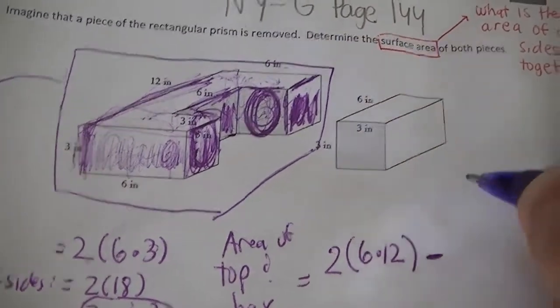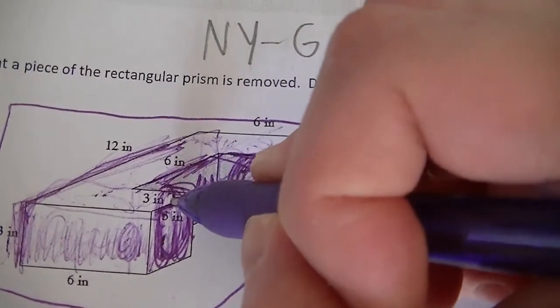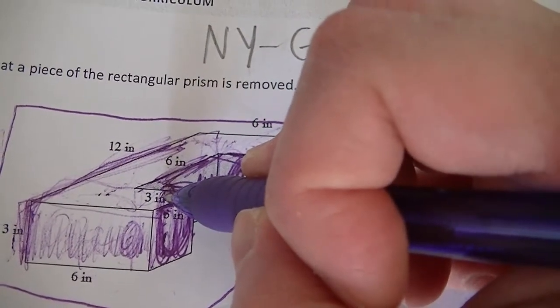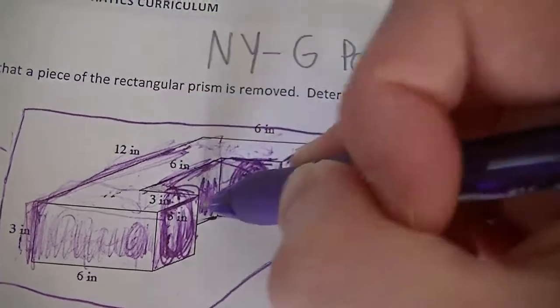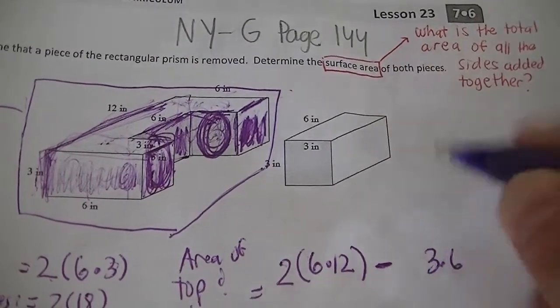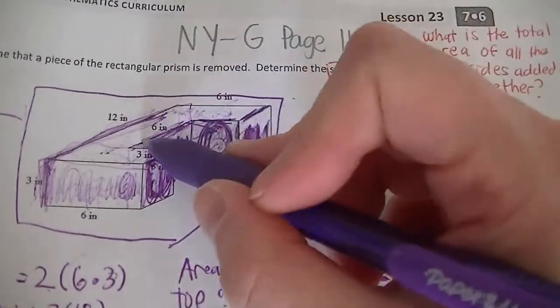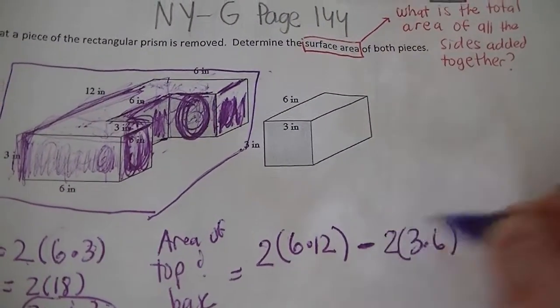And then I'm going to subtract this chunk right here, okay? And that chunk is, let's see, 3 by 6. So I'm going to subtract that 3 times the 6, but remember, that's just for the top. We also have to worry about the base, so I'm going to multiply that by 2, okay?